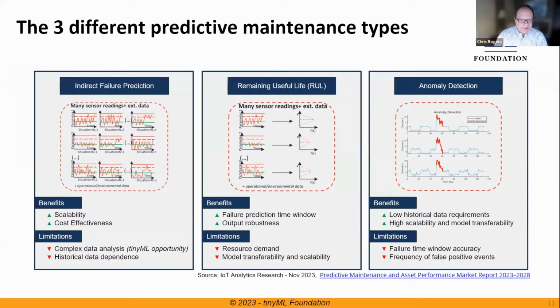So the three different types of predictive maintenance, real quickly, there's indirect failure prediction. This is taking sensors that are readily available and easy to apply to detect faults that otherwise would be more complex. You can think about a motor that has bearings.